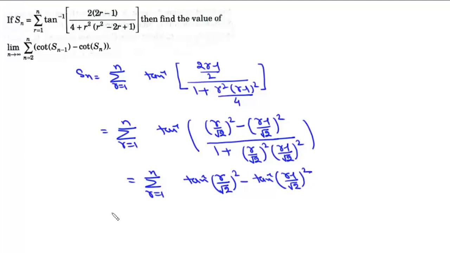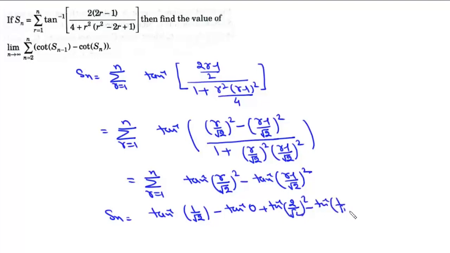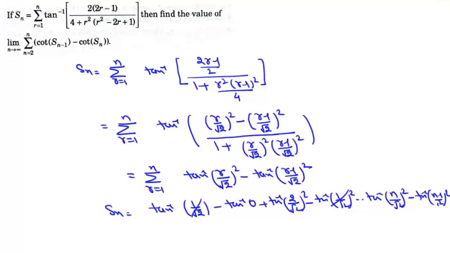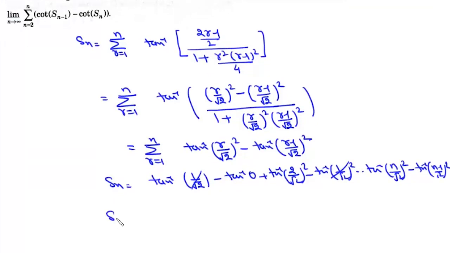Now if we put the value of r, we can write this as tan inverse 1 by root 2 minus tan inverse 0 plus tan inverse 2 by root 2 square minus tan inverse 1 by root 2 square, and in the end we'll have tan inverse n by root 2 square minus tan inverse n minus 1 by root 2 whole square. Now here all these terms they'll cancel. So basically we'll get this Sn as tan inverse n square by 2.